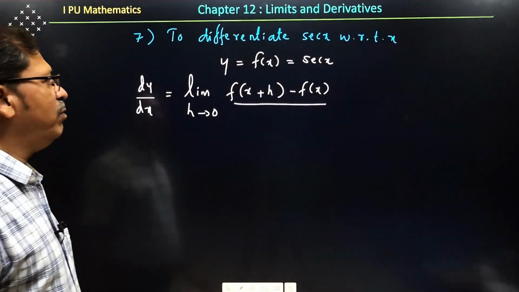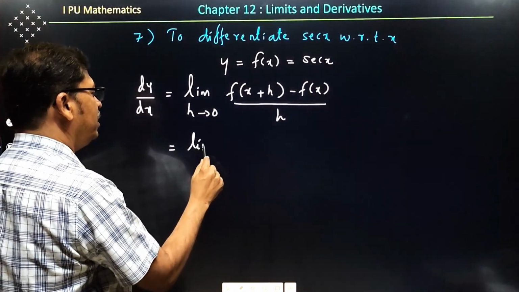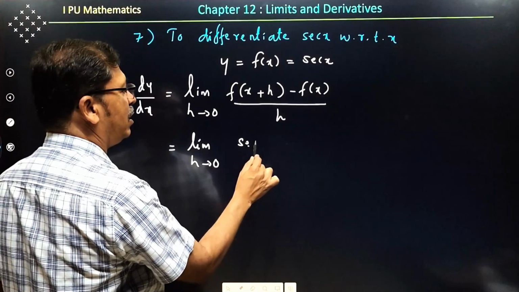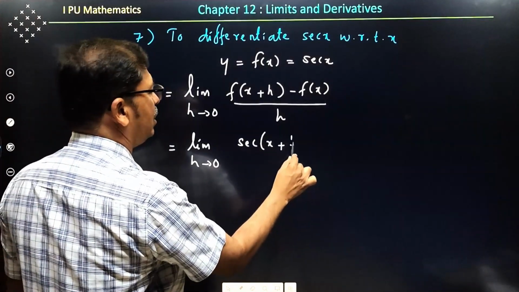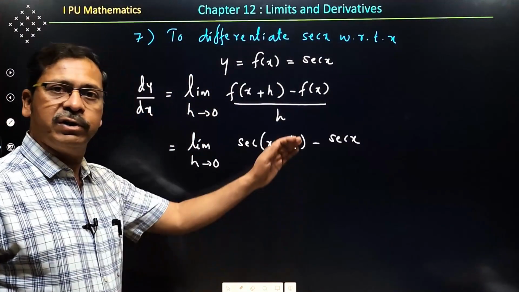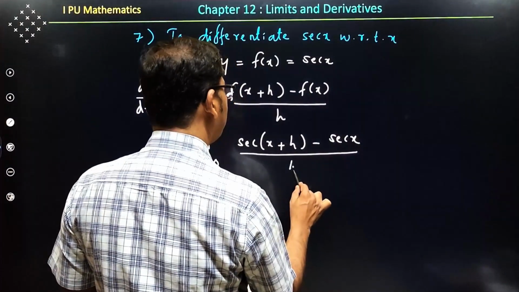This is the basic formula, and then I am using this. This is equal to limit h tends to 0 of f of (x plus h), so this is sec of (x plus h), minus f of x, which is nothing but sec x here, whole divided by h.